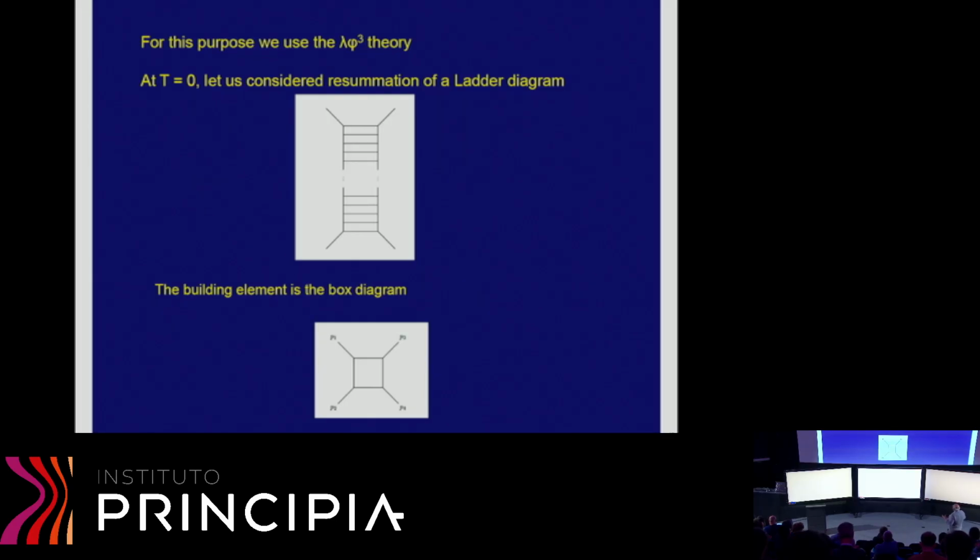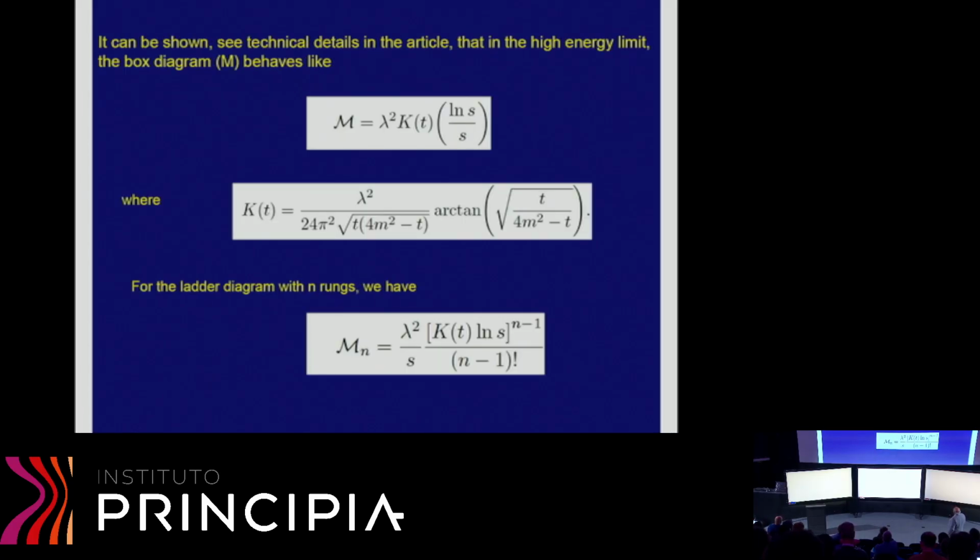And the building block for such a ladder diagram is precisely this box diagram. You can calculate this box diagram. I didn't put all the technical details because the calculation is pretty long. You can show that in the high energy limit, this box diagram has this behavior.